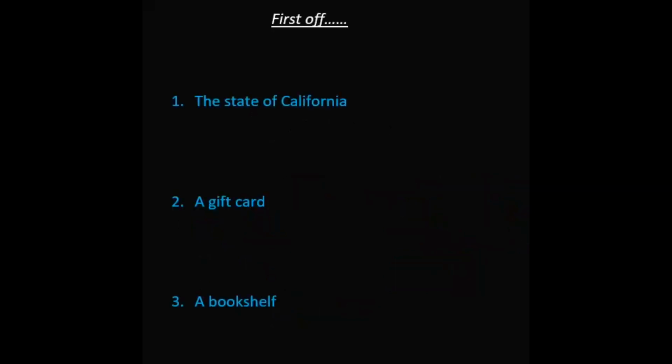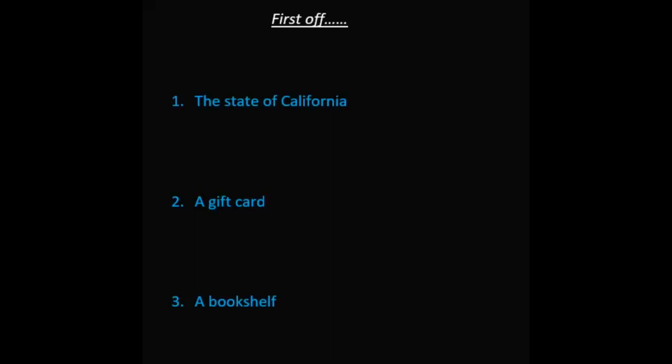First off, I have three things here, right? The first one is the state of California, the second one is a gift card, and the third one is a bookshelf. I'm hoping you guys know what all of these are. The state of California is a state in the United States.